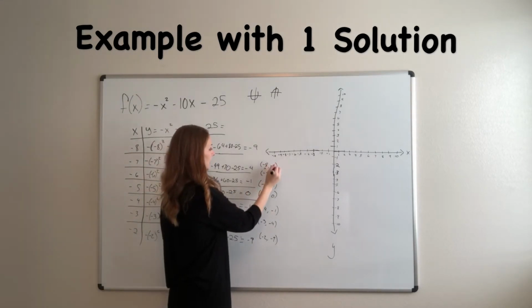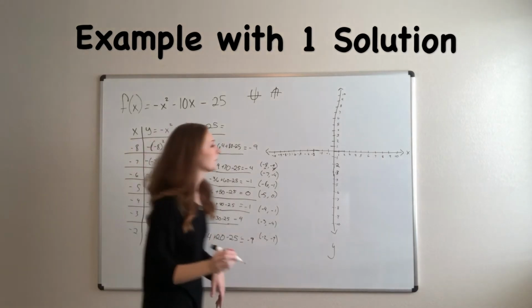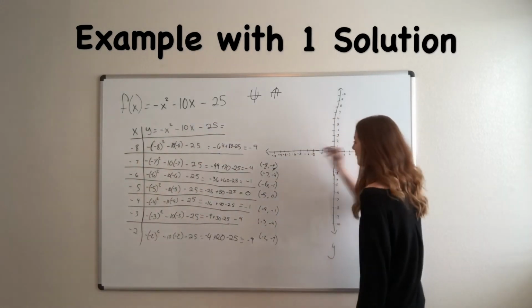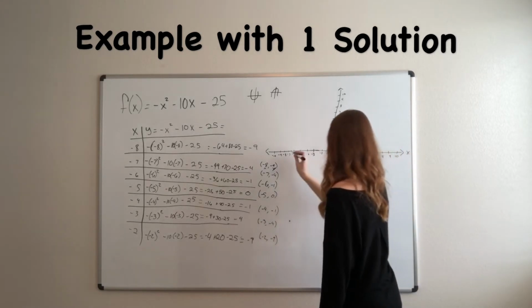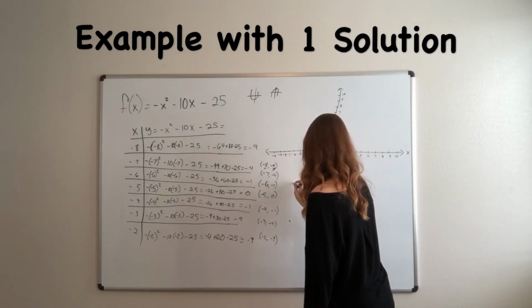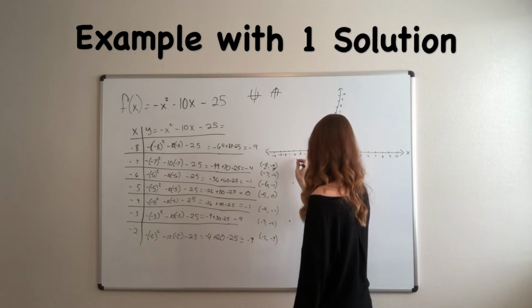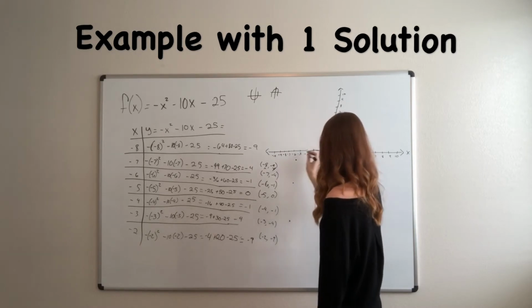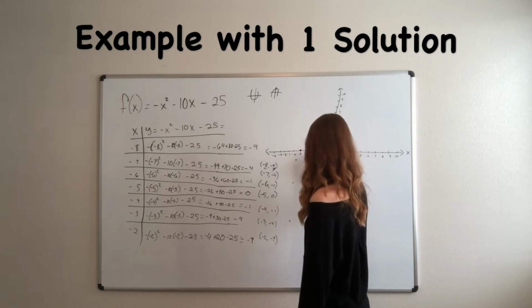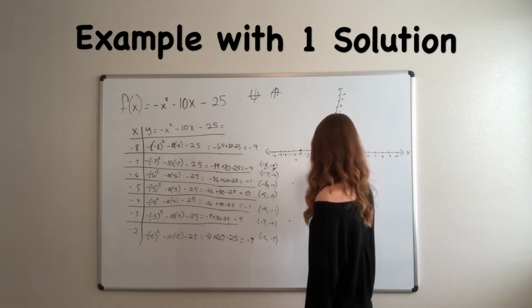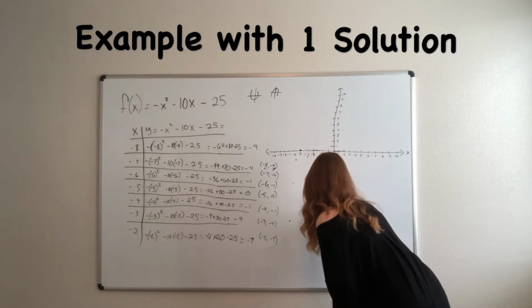So you're going to be looking at the x-axis, then the y. Okay, so -8, -9. Okay, we have -7, -4. We have -6, -1, -5, 0, -4, -1, -3, -4, and -2, -9.